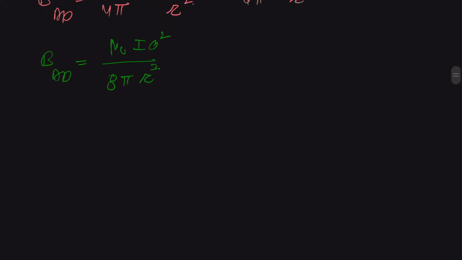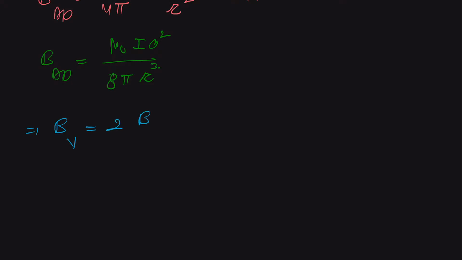Okay, so we have two vertical sides, therefore we can write that the magnetic field due to vertical sides will be equal to twice the field because of one side. Therefore, this comes as mu naught I A square upon 4 pi r cube. Now we can find the total by combining the horizontal as well as the vertical.